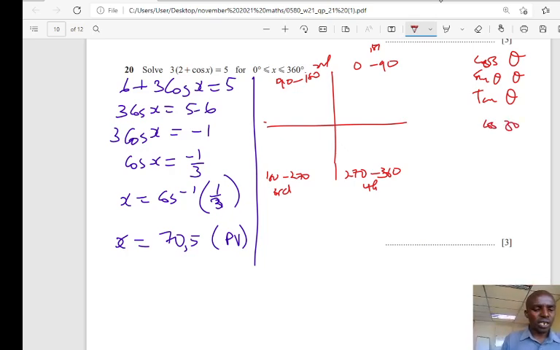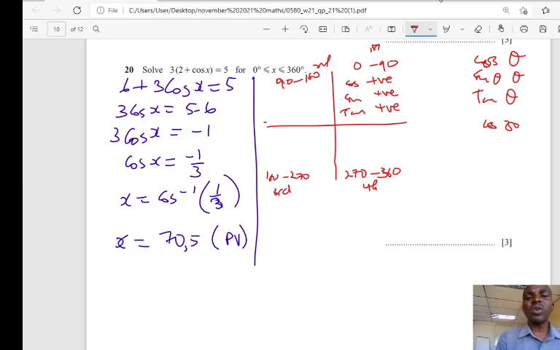Cos 30, punch it in your calculator, you get a positive value, right? So in the first quadrant, cos is positive. Sin 30 is also positive. Tan 30 is also positive. So all of cos, sin and tan for angles between 0 and 90 are positive, right?